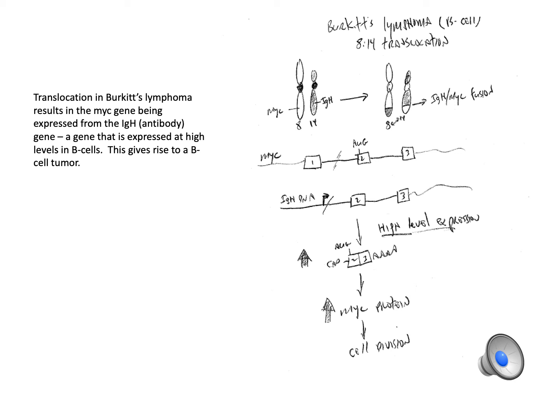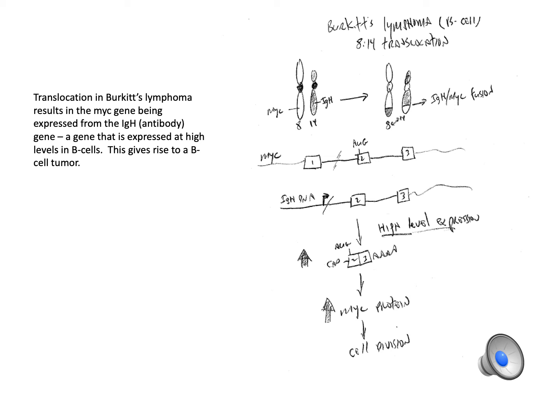So what happens during this translocation is that part of chromosome 8 moves on to part of chromosome 14, and below, I have the line drawings that illustrate what's going on here. I have the word MYC written, so this represents the MYC gene on chromosome 8.